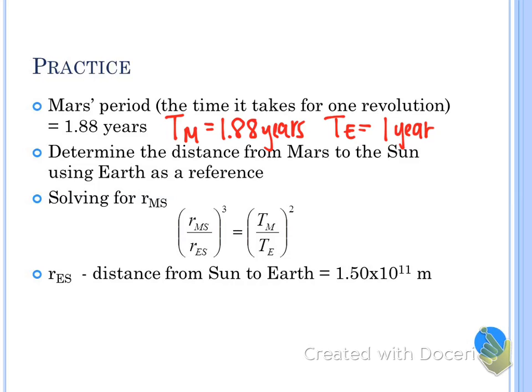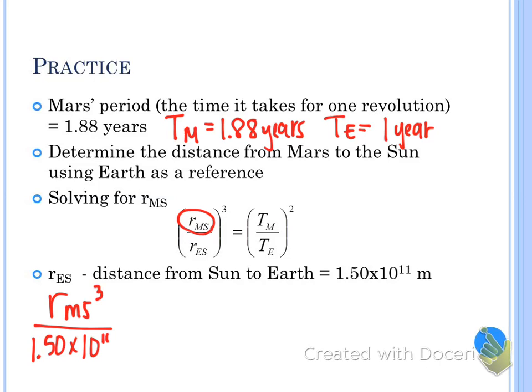So now we can go ahead and just start plugging in some values. We're going to solve for r sub ms, the radius between Mars and the Sun, or the distance from Mars to the Sun. So we're going to take r sub ms over the radius of the Earth, 1.50 times 10 to the 11th.